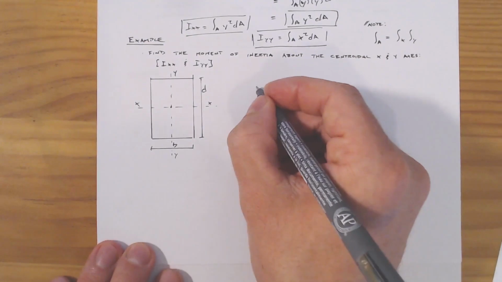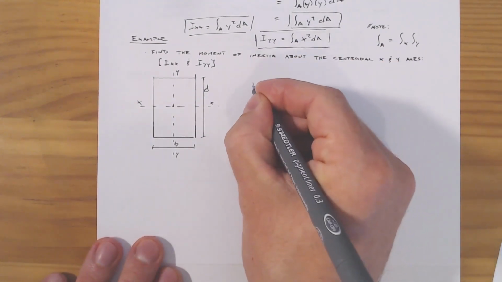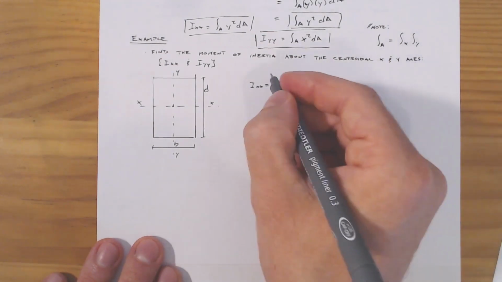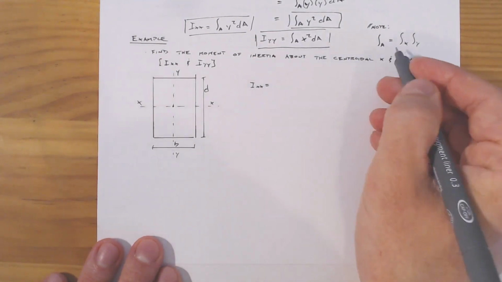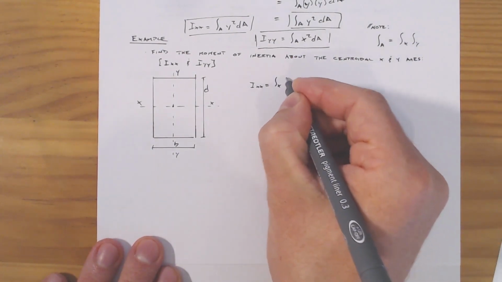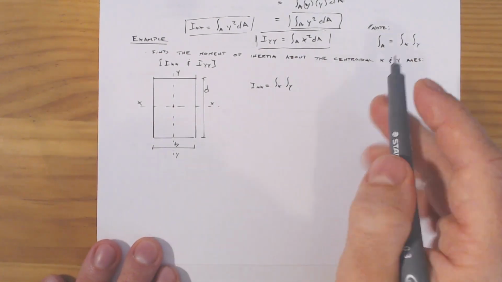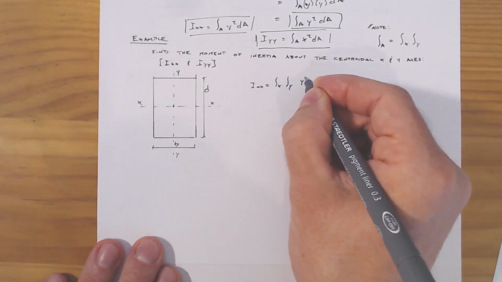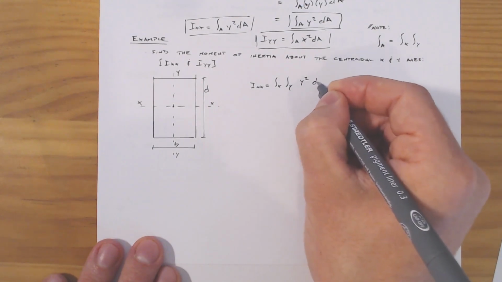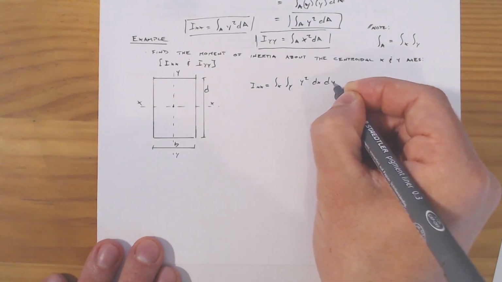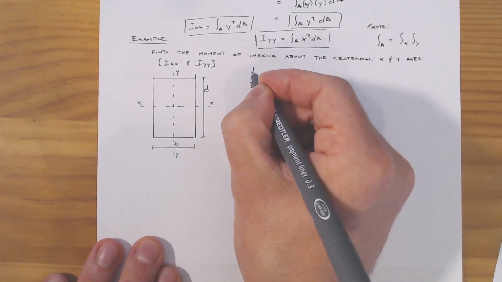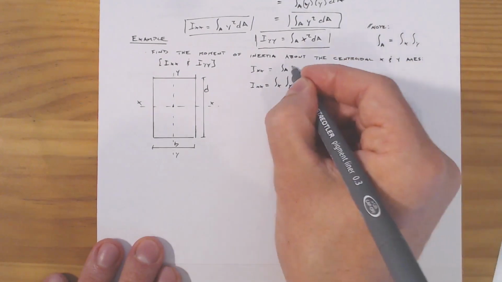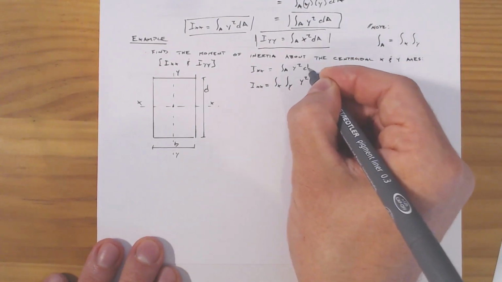Ixx is going to be equal to the integral over x and y, because that's the same as going over the area, of y squared dx dy. In fact, we'll put up here, just so we're clear, this is simply the same as y squared dA.